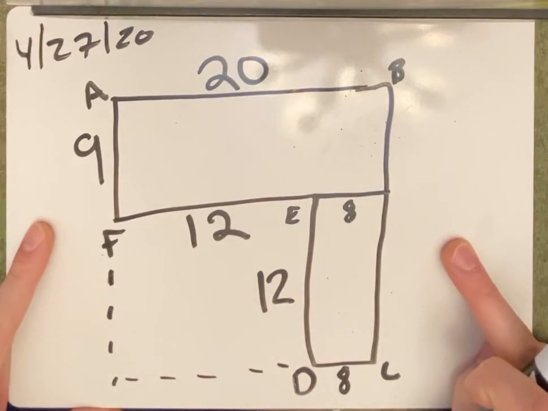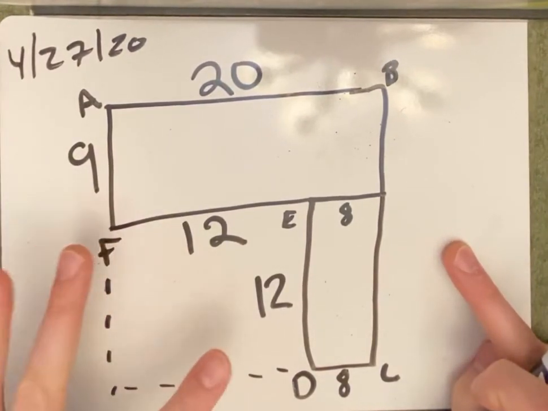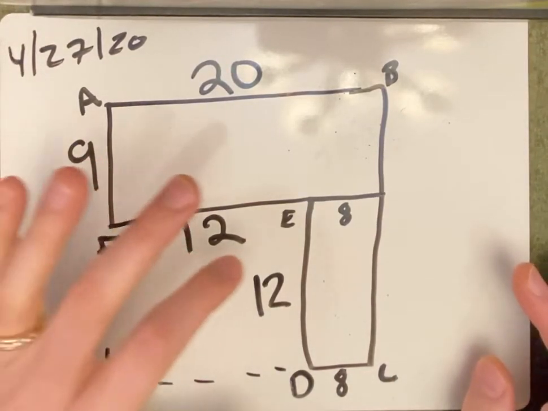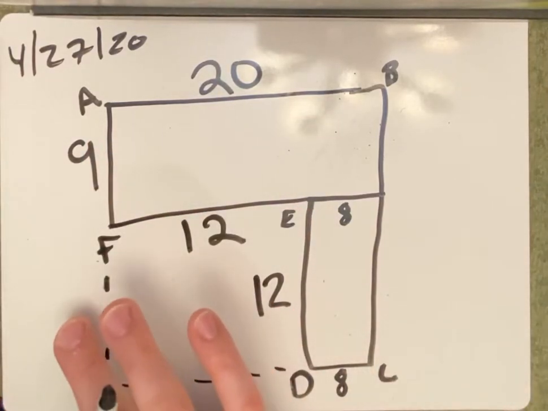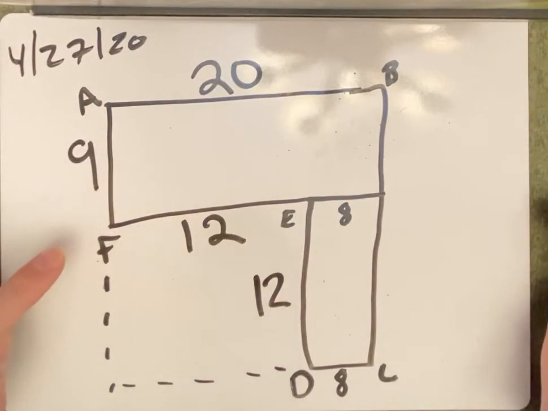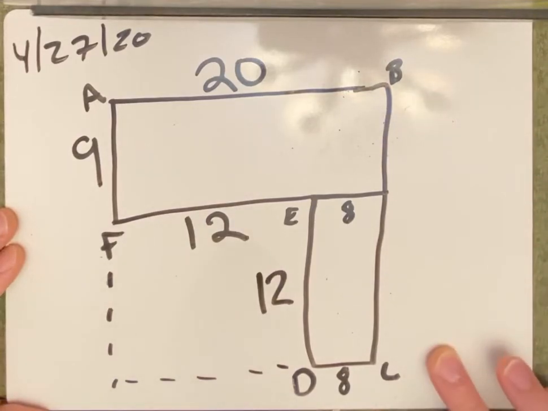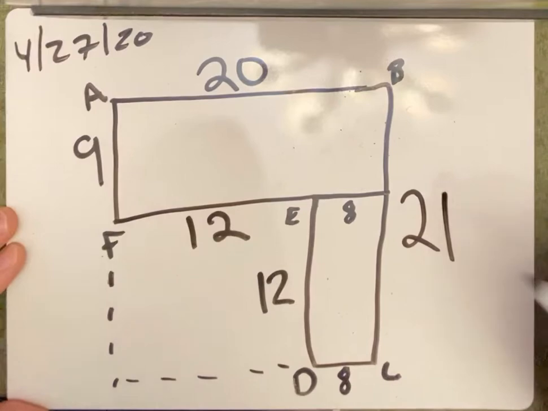So, let's see. If I know that this is 9 and this is 12, all you got to do is add them up. Because look, this piece transfers to this piece, right? So essentially, this is the same as this. So if this is 12, this means this piece here is 9, this piece here is 12. So my whole line here is 21. Okay?